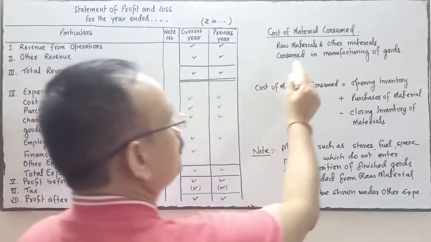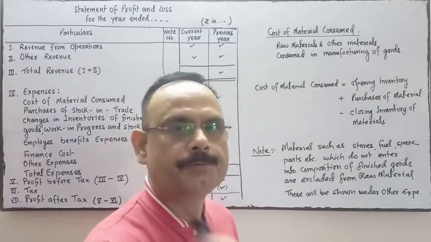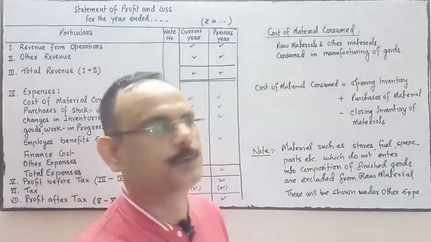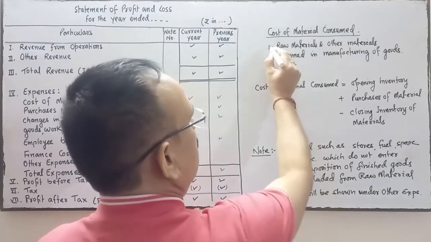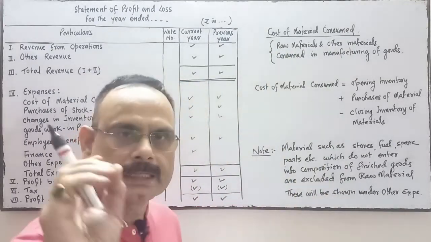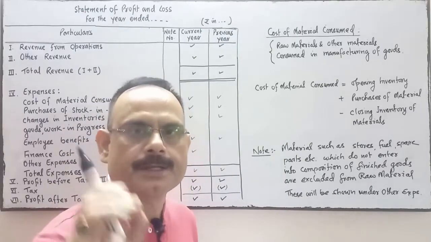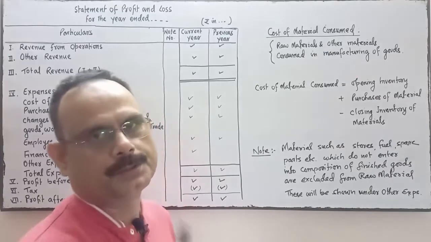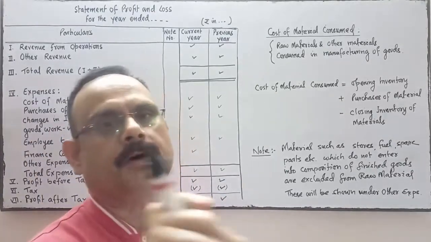Under that head, raw material and other material which are consumed in the manufacturing of goods will come. Okay, so for cost of material consumed, there is a formula.